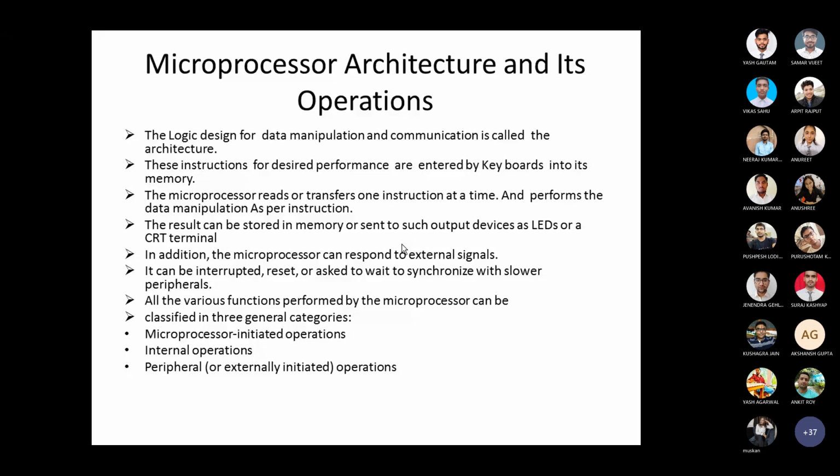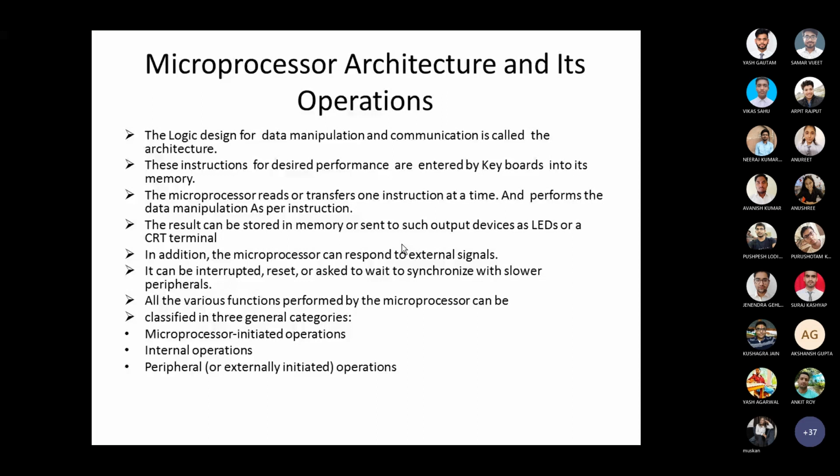Also the microprocessor can respond to different external signals. Suppose sometimes interrupt signals are there, so it will act differently for different types of signals, and handshake signals may be there.